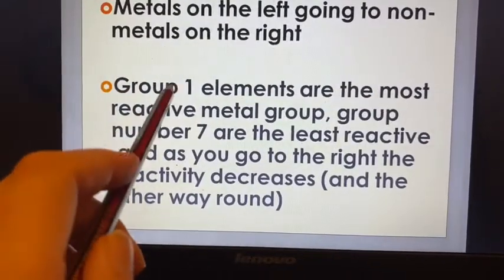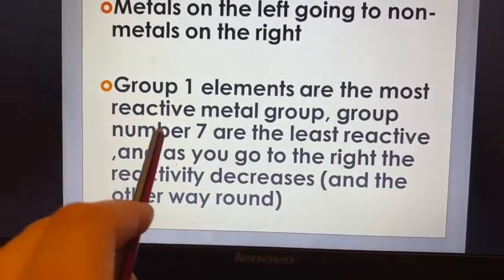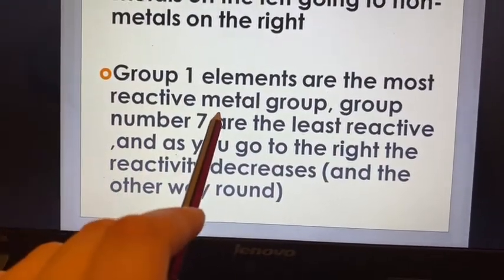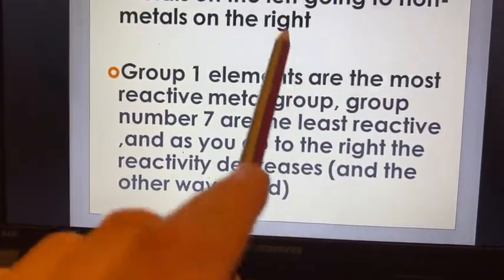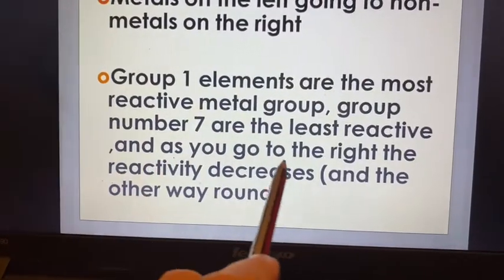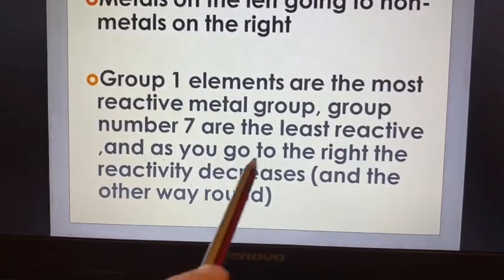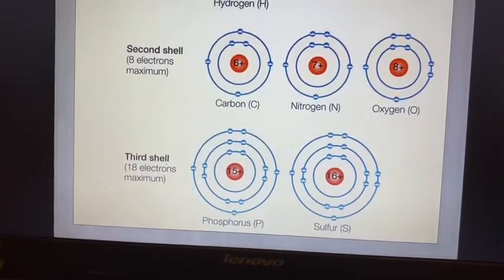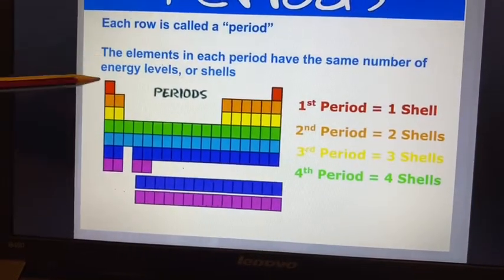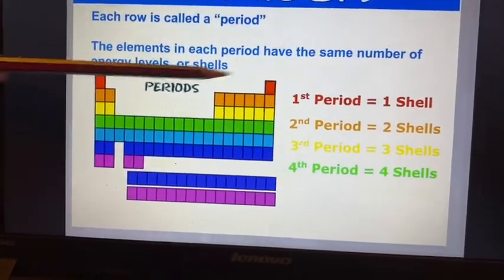Group 1 elements are the most reactive metals. You have to memorize this. Group 7 are the least reactive metals. And as you go to the right, the reactivity decreases, as I just said. When you go from left to right, reactivity decreases.